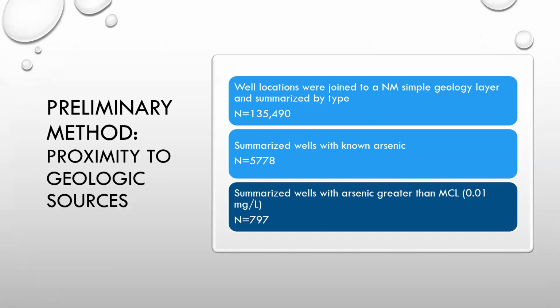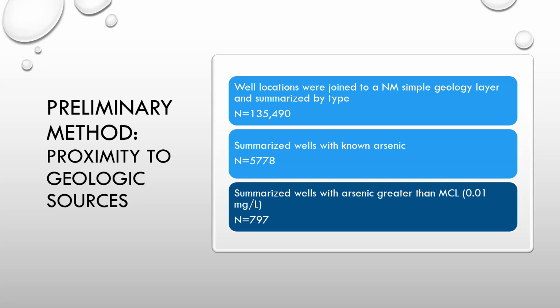I wanted to take a very preliminary approach to looking at the geologic hazards. I am not a hydrologist, I'm an epidemiologist, so this was a very high level approach to begin to examine this. Hopefully in the future, we can take a more in-depth look at this.